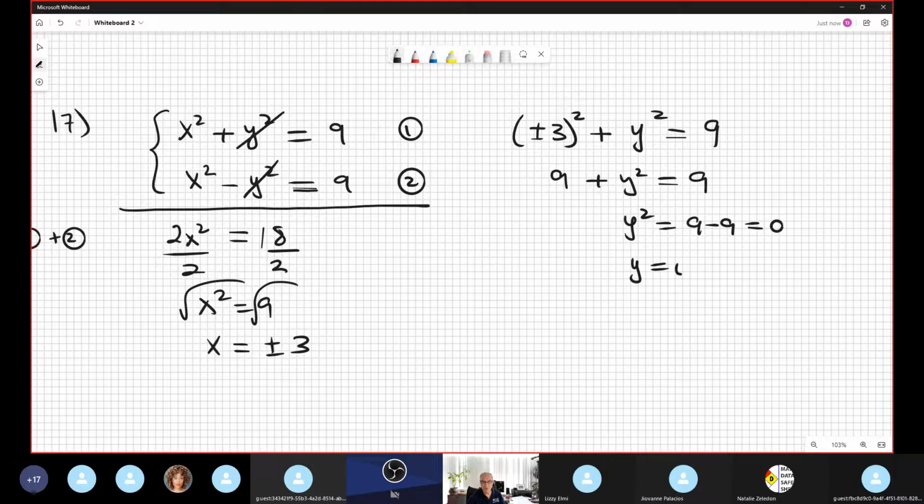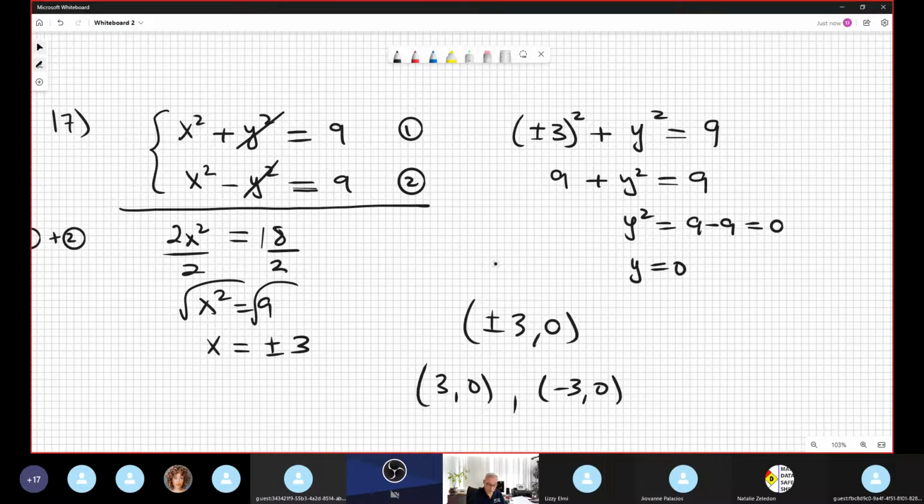And y is 0, because 0 has no sign. 0 is just 0. No plus 0 and minus 0. So we have 2 points. Okay, the points are plus and minus 3, 0, no? So you list it: (3, 0) and (-3, 0). So we have only 2 solutions. Only 2 solutions.